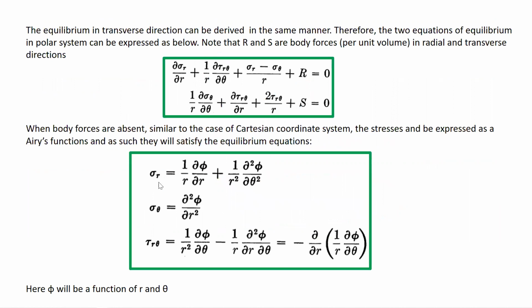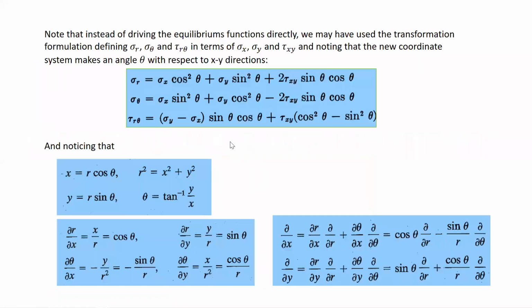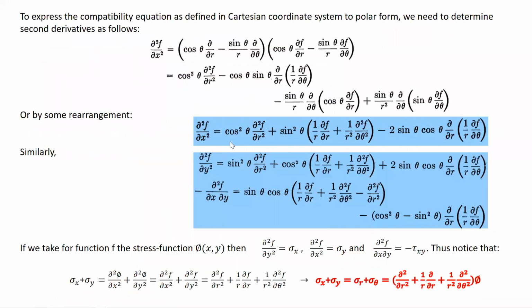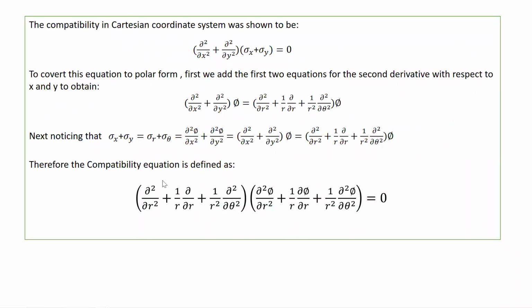So stresses sigma r, sigma theta, tau r theta are defined in terms of the Airy function in the polar coordinate system. If the stresses are defined in that fashion, then the equilibrium equations are automatically satisfied. And the only equation that you need to satisfy is this compatibility equation.